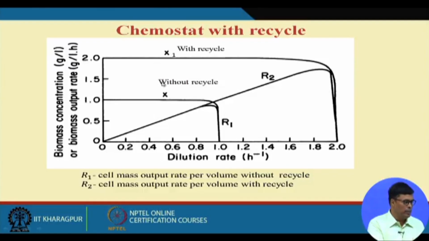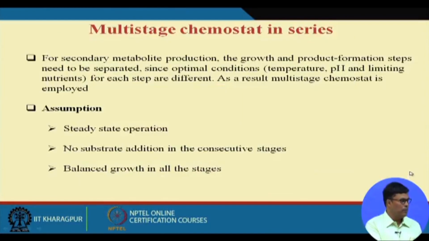But when you do the recycling, this shifts to 2. That means you can operate at a much higher dilution rate, because that is the advantage of cell mass recycling: if you do the recycling, the operating dilution rate can be increased to a great extent.